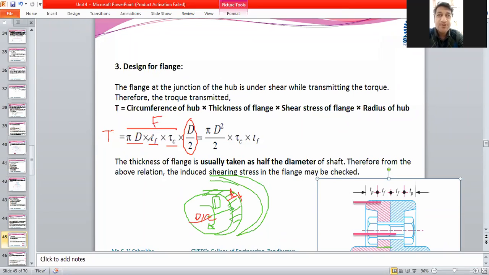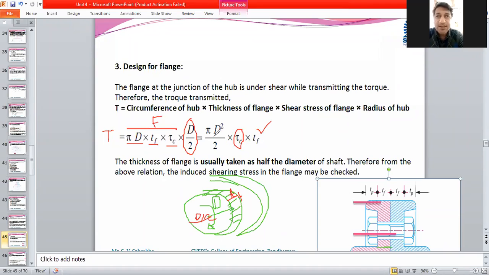If we solve this equation, this D and this D will give D square, so torque equals pi capital D square divided by 2, multiplied by the allowable shear stress and the thickness of the flange.